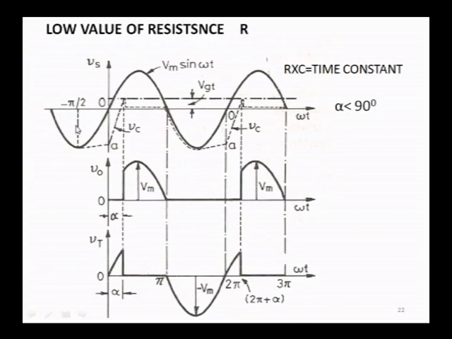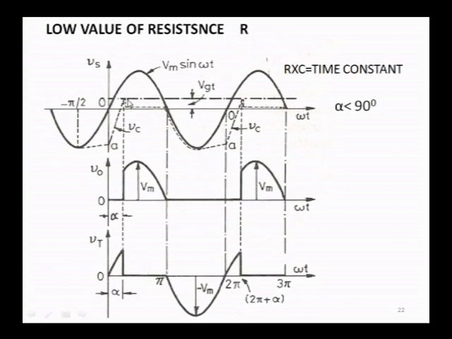This capacitor charges to a peak value during the negative cycle of the input. When the input reaches 0, your capacitor slightly reduces from the peak value, and when the input voltage goes positive, your capacitor starts discharging.